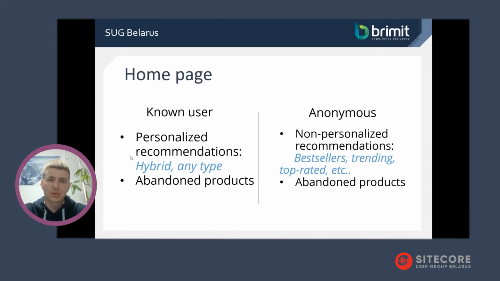If you don't have hybrid recommendations, you can use any type of personalized recommendations that you have. For an anonymous user, of course, you cannot use personalized recommendations because you don't know anything about your anonymous visitor. And a good idea for anonymous users is to show them bestsellers, trending, and top-rated products, etc.